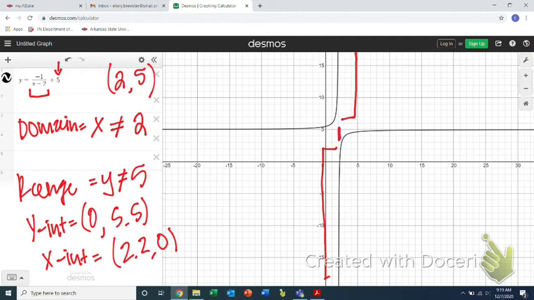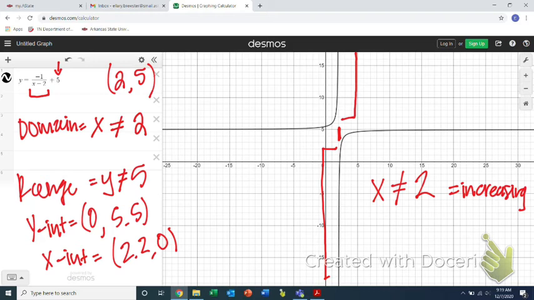So it is increasing when x is everything but 2. And we haven't really touched on this because we haven't got to it yet. So fingers crossed we won't have a lot of problems on it.